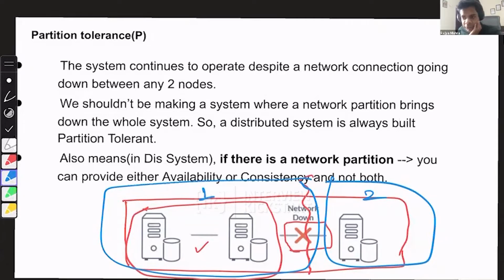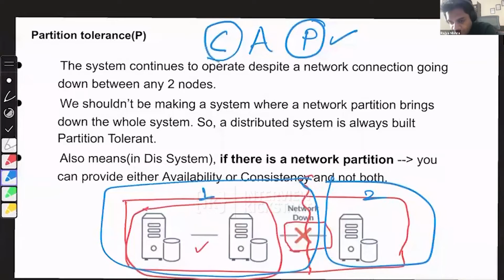That's why a distributed system must have partition tolerance. This means that in CAP theorem, we need to have partition tolerance. So whenever there is a network partition, we can choose only C, that is consistency, or only A, availability. So only one of consistency or availability.